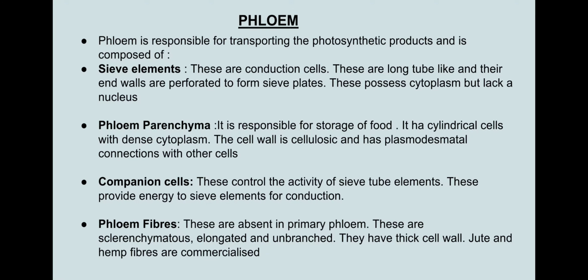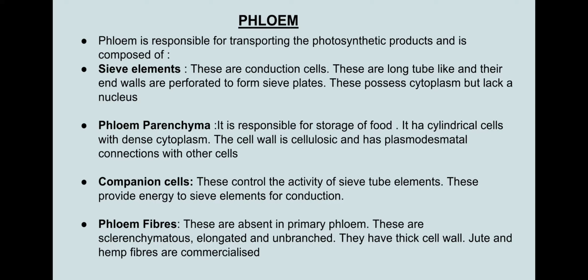Now let us talk about phloem for a second. Phloem is the tissue which is responsible for transporting photosynthetic products and is composed of sieve elements, phloem parenchyma, companion cells, and phloem fibers. What are sieve elements? They are also conduction cells.